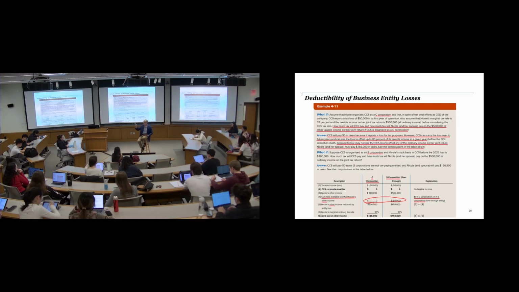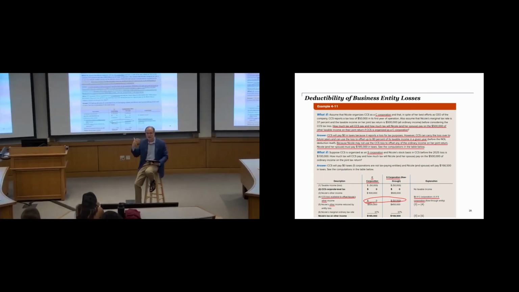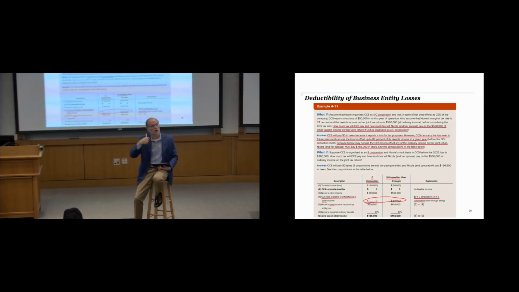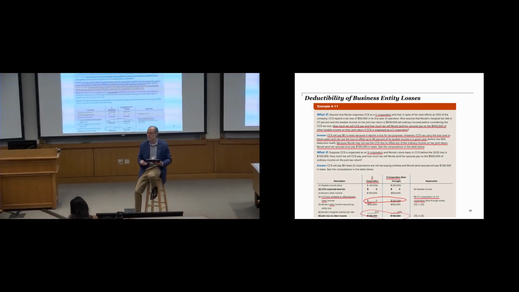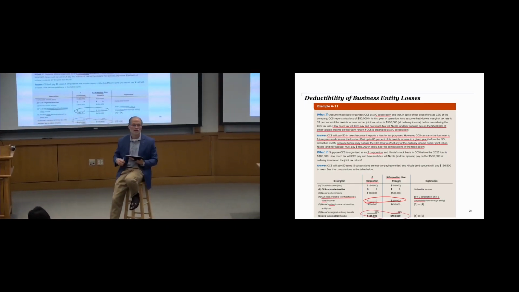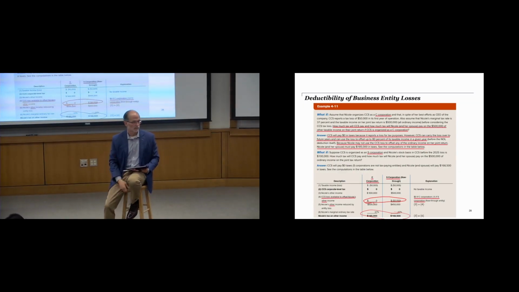Second hurdle, the assumption is she's met the at-risk and the passive activity rules, she's active in this business. So she meets all the hurdles, and so she gets to lodge that 50,000 on her own tax return and monetize that by virtue of paying, instead of 185, she pays 166.5. That's the advantage of the flow-through nature in this example of a loss.